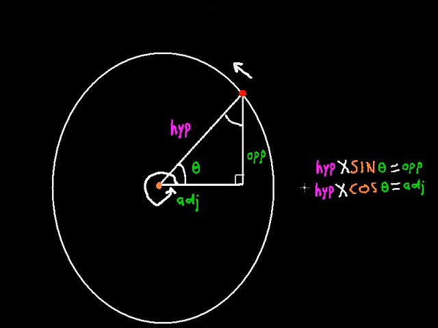Okay, and we already have our equations on the side here. Hopefully it's very easy to see that this is our x coordinate and this is our y coordinate for that red point.